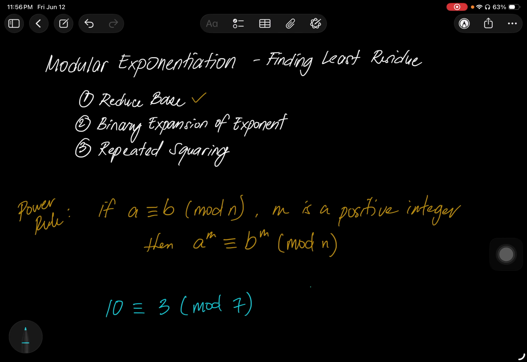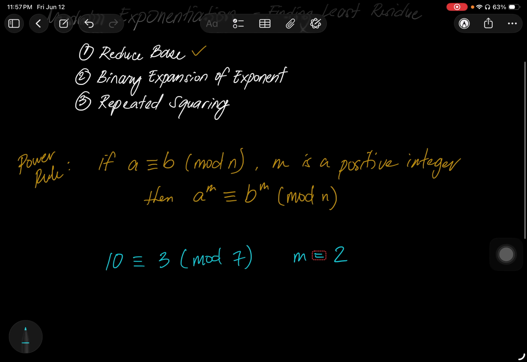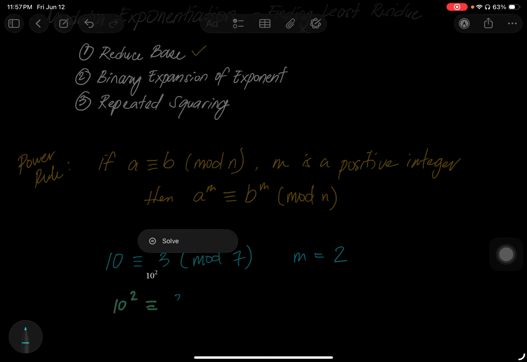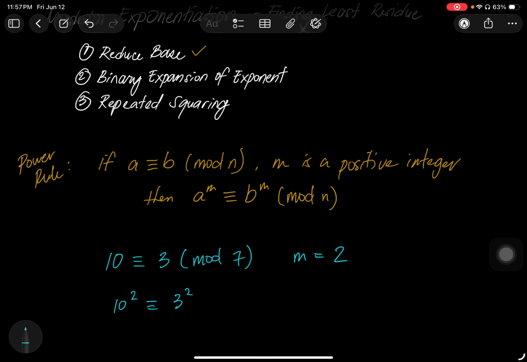So by the power rule, for example, I give m equals 2, so that we can easily compute. Then 10 raised to 2 is still congruent to 3 raised to 2 mod 7. Again, when we say congruence, they have the same remainder.